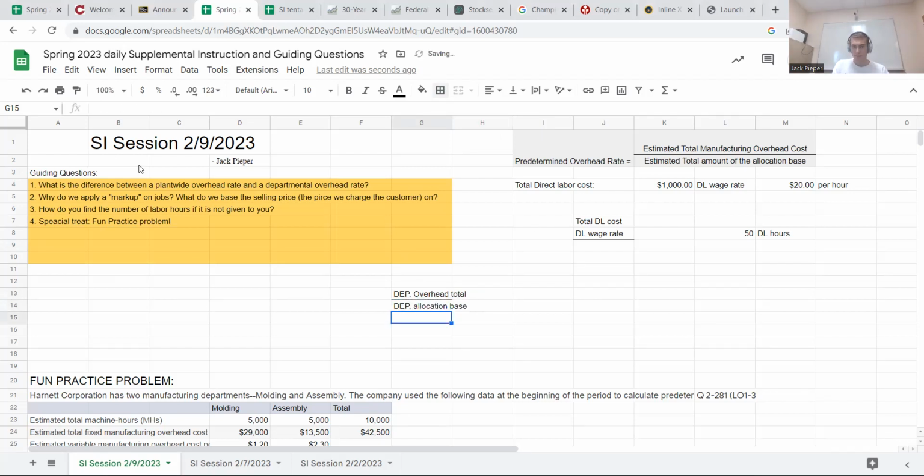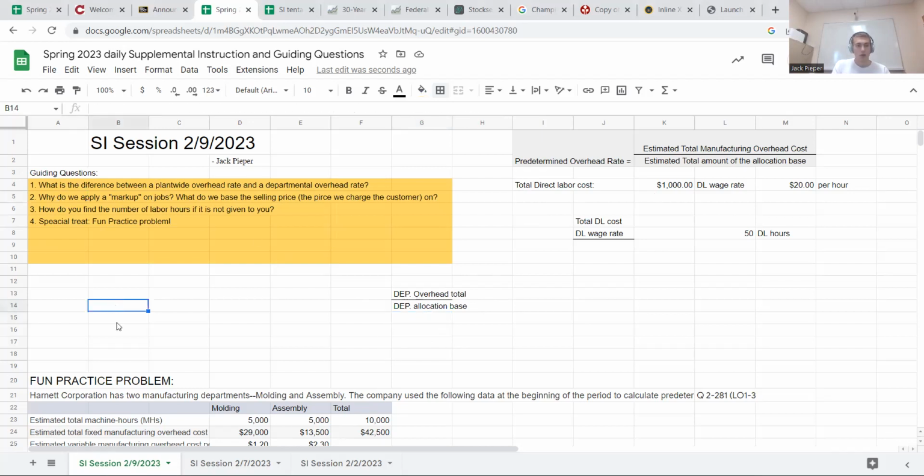Sometimes they'll use the same allocation base for the plant-wide and the departmental rates, and sometimes it'll be different. So you just have to pay attention to what the overhead rate is based on for the department or for the plant-wide overhead rate.